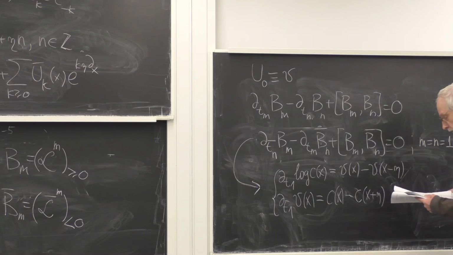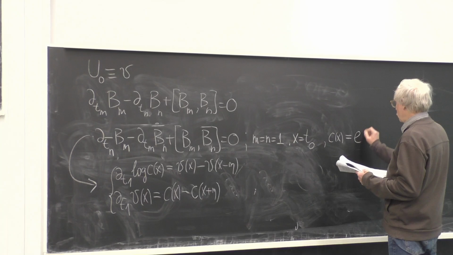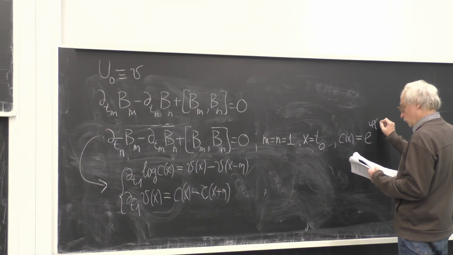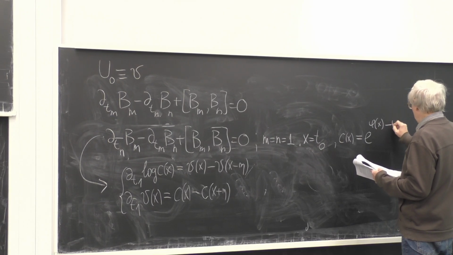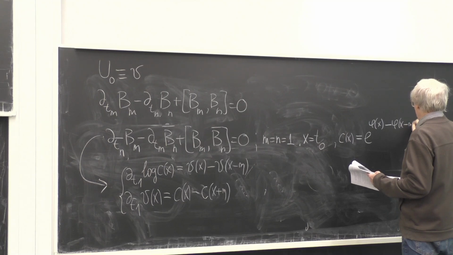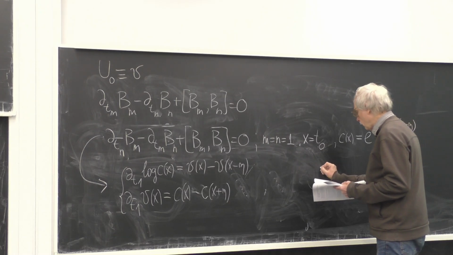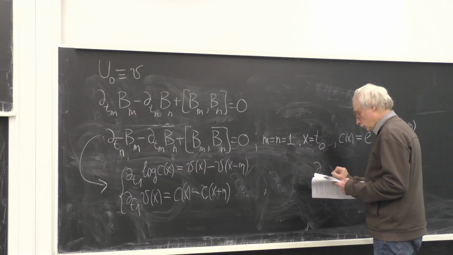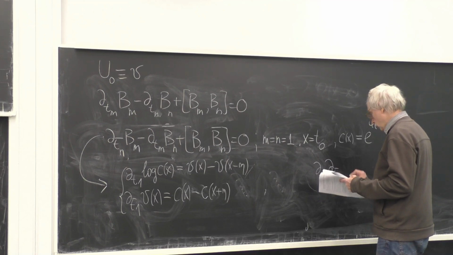The function v can be excluded from this system, and if you introduce a new function phi according to this formula, then you get an equation for this function phi of the following form.